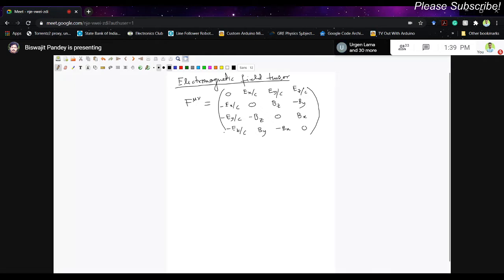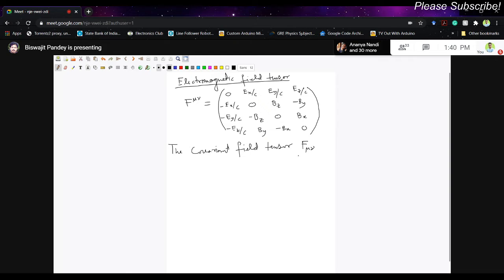So the covariant field tensor, if we want to calculate the covariant components, that is, if we want to know what is F mu nu, we need to use the metric tensor. I discussed this, I think, in the last part of my previous class.